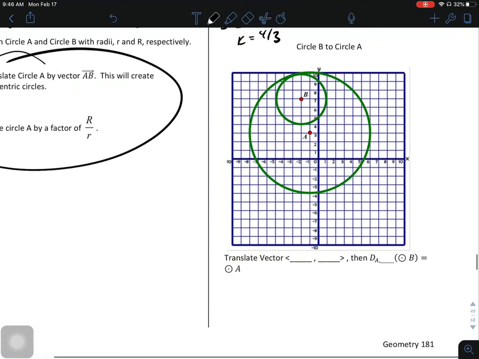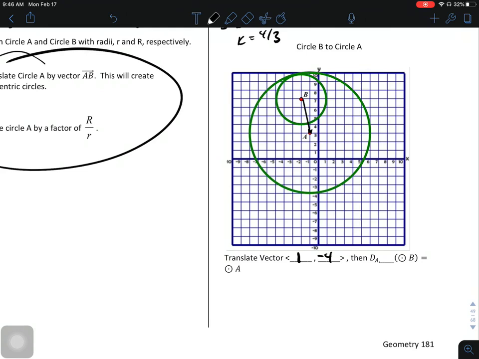Here we're supposed to go circle B to A. So we have to translate this to the right 1, that's plus 1, and down 1, 2, 3, 4. Down's negative. So that's vector <1, -4>.